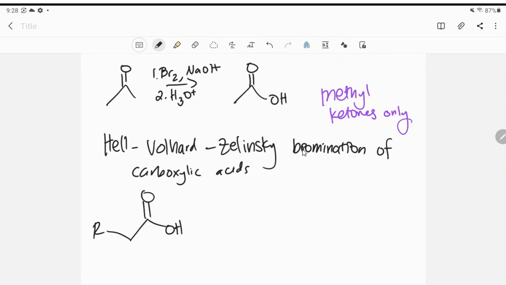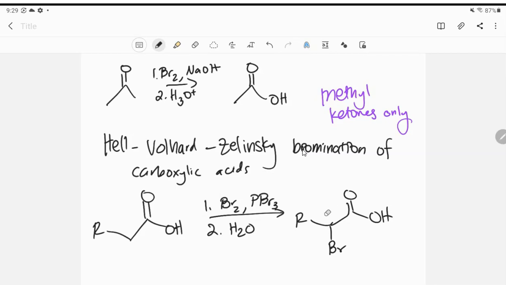This is here because this is an alpha proton type reaction. So we're going to treat our substance with Br2 and PBr3, followed by water, and we will end up brominating our alpha position.